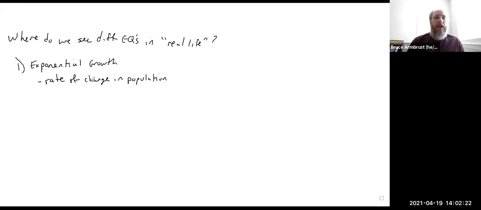But the key is that the rate of change in population is proportional to the population. So basically, this just says that the bigger the population, the bigger the rate of change. And that's why this works really well when we talk about population dynamics.